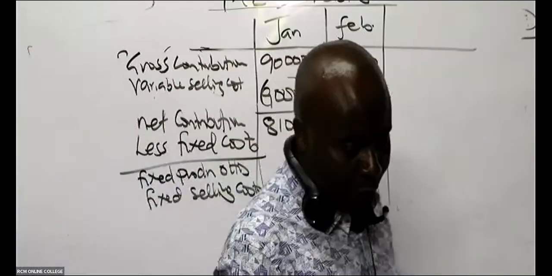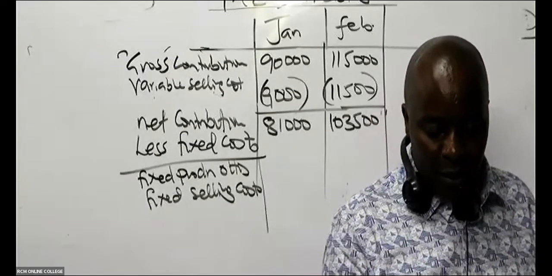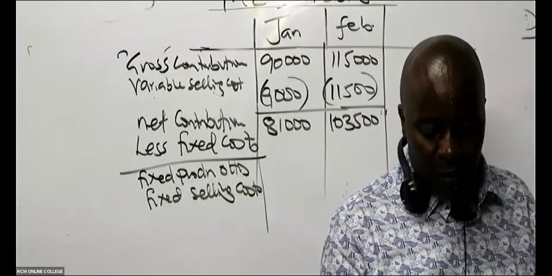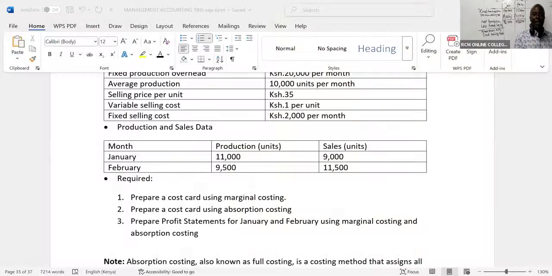Is there somebody who can see fixed production overheads? Remember in marginal costing, the fixed production overheads will either be actual or expected, isn't it? Like in this case here, we expected fixed production overhead to be 20,000.